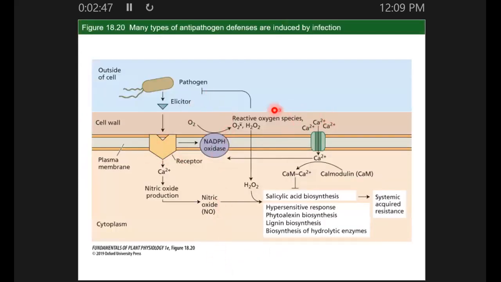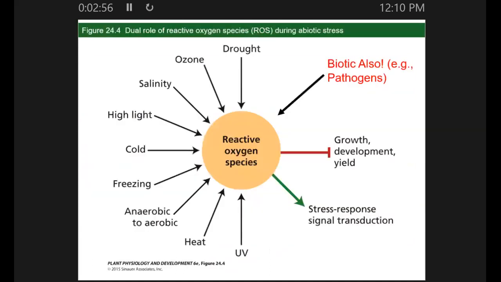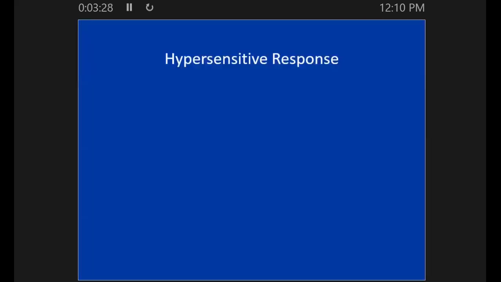That's what you're seeing in this diagram: reactive oxygen species being made is a way for the plant to sense that it's faced with a challenge, whether it's some kind of abiotic stress, shown on the left side of this figure, or, as we're focusing on now, biotic pathogens of some sort. They use that reactive oxygen species that ramps up in their cells as good information so that they can respond appropriately. So let's get into that a little bit with the hypersensitive response.